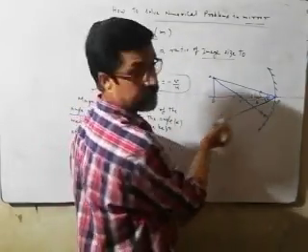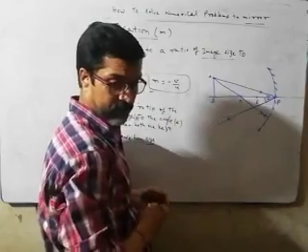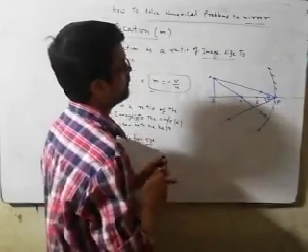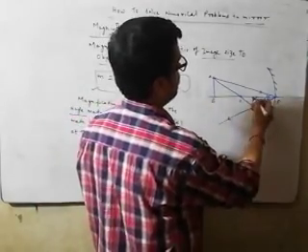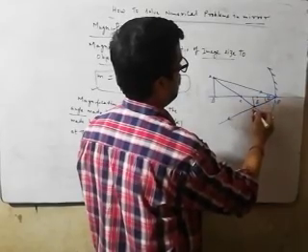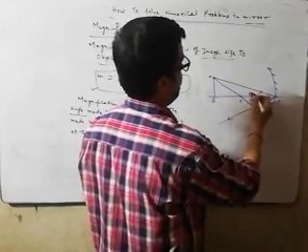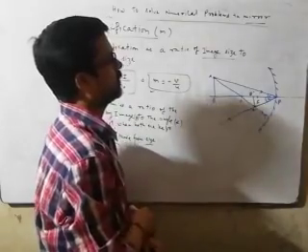Both light rays meet at a point where we get image A dash B dash.